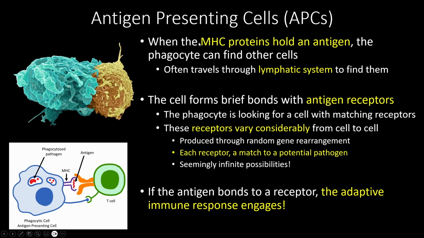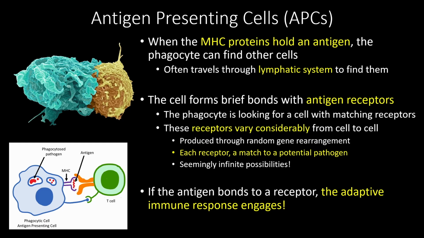Okay, so when we have an MHC molecule that has an antigen on it, the phagocyte will try to find a cell with a matching receptor. Okay, this is also what a major part of the lymphatic system is. It's kind of a highway that these white blood cells can travel and then find each other and have this sort of communication.